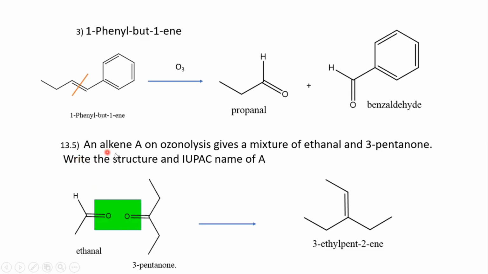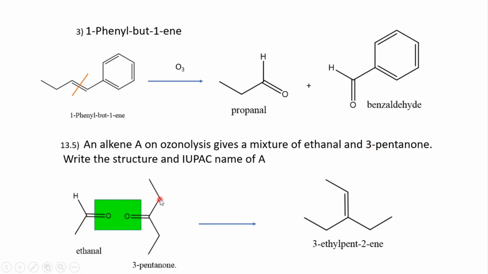And the next question is, an alkene A on ozonolysis gives a mixture of ethanal and 3-pentanone. Write the structure and IUPAC name of A. So you have to align the molecule like this with oxygen facing towards each other, that is ethanal, the CH3 CHO, and the other compound is 3-pentanone.